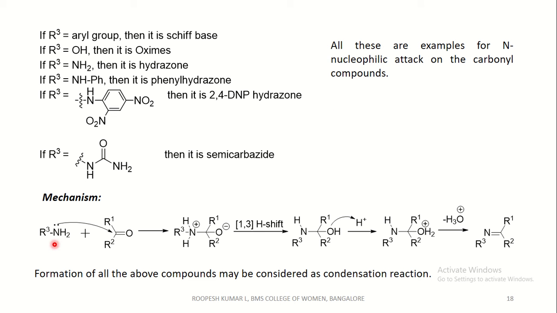Let's see the mechanism. That is, the lone pair on nitrogen attacks the carbonyl carbon, and this forms a negative charge on oxygen, and a 1,3 hydrogen shift takes place.